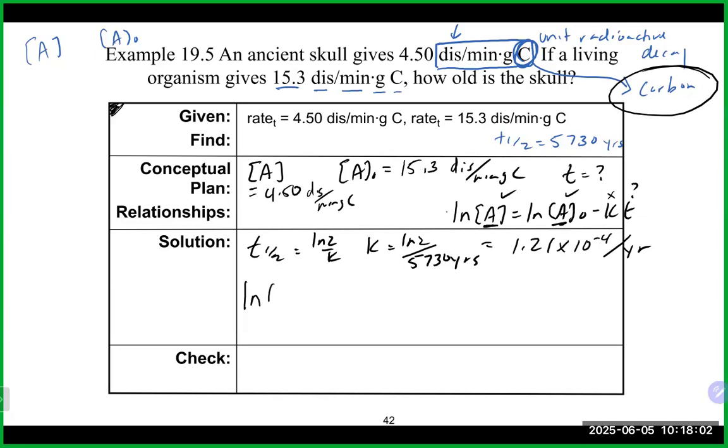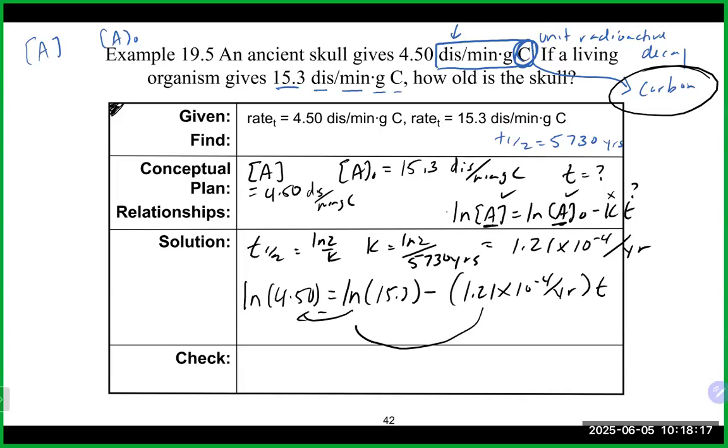That will give us the natural log of 4.5 is equal to the natural log of 15.3 minus our decay constant we just solved for and our time. Again, I'm going to subtract that to the other side and then afterwards divide.